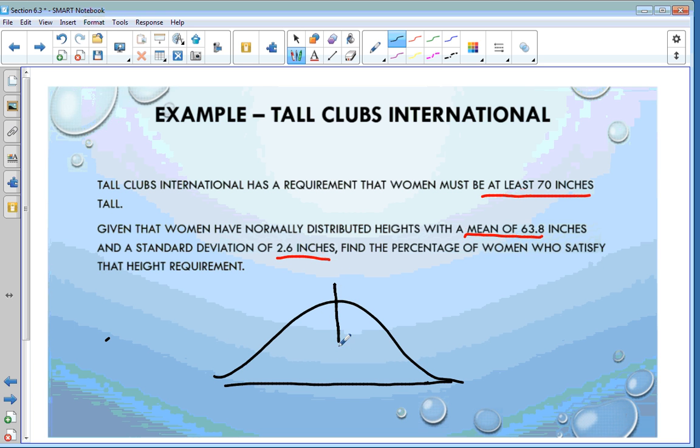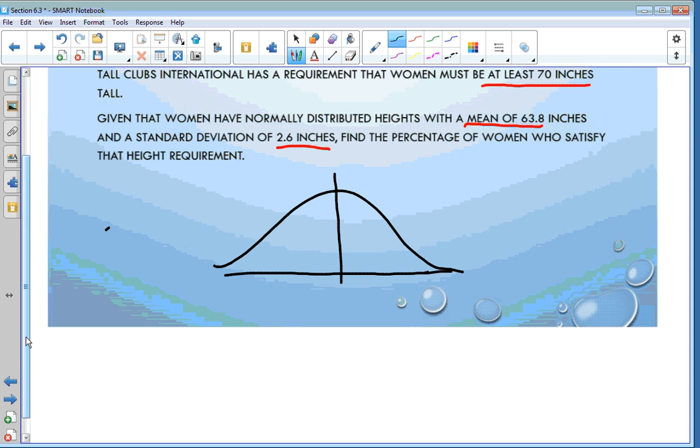Right in the center is mu, our mean, so we have a mean of 63.8. We also know that the mean, mu, is where z is equal to 0. We found that last time.